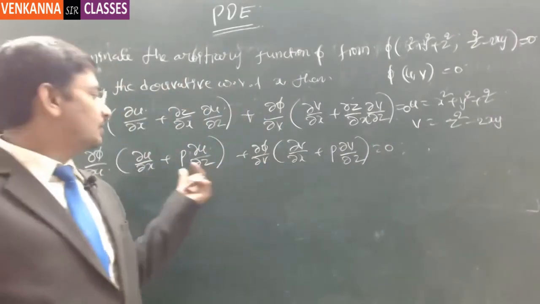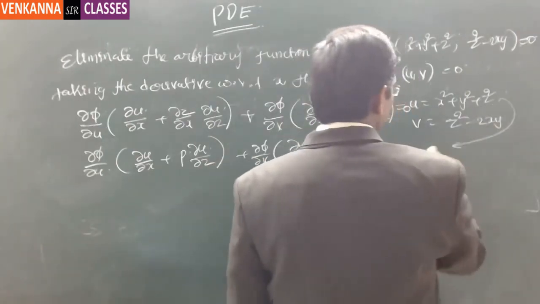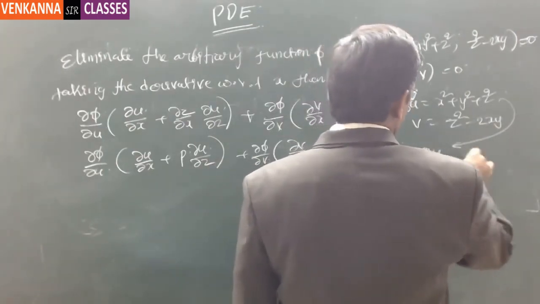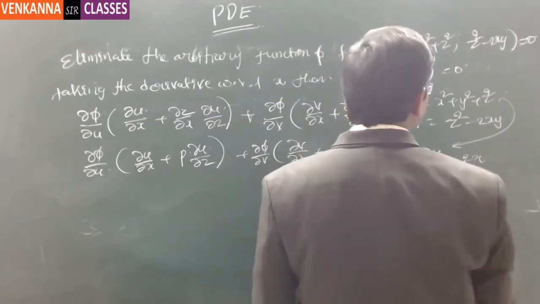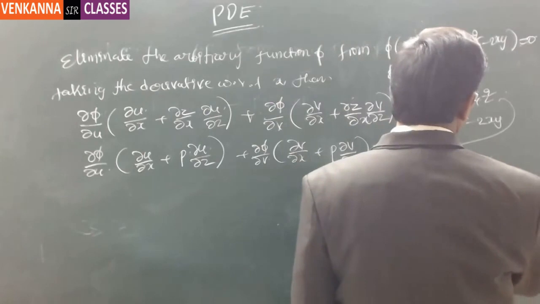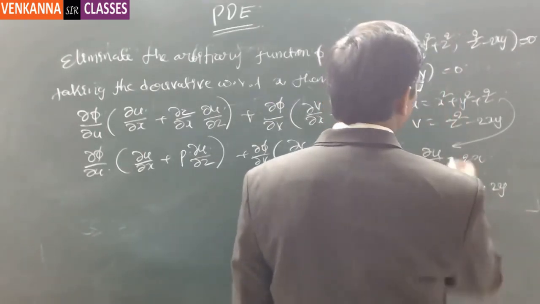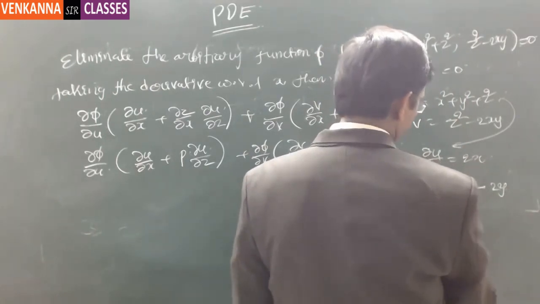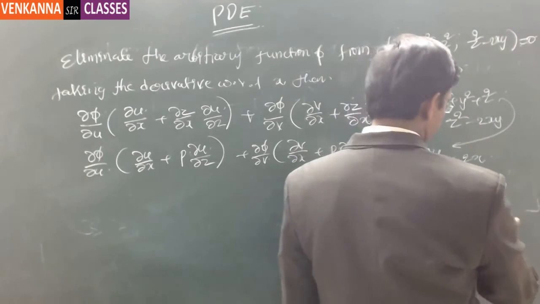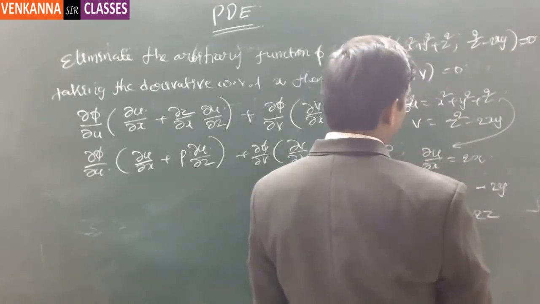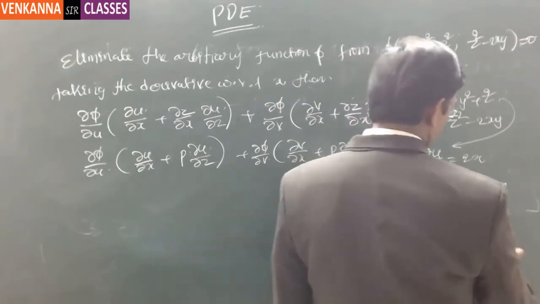In that you can replace these derivatives from the earlier equations: dou u by dou x is equal to 2x, dou v by dou x is equal to minus 2y, dou u by dou z is equal to 2z, and dou v by dou z is equal to 2z.